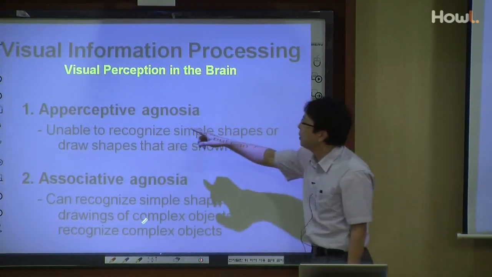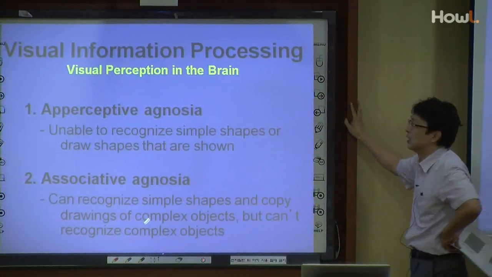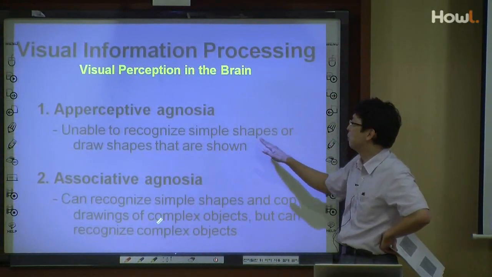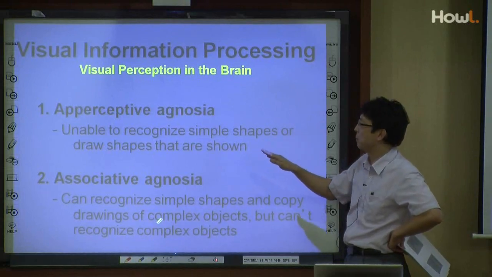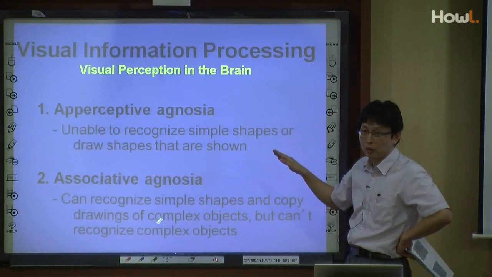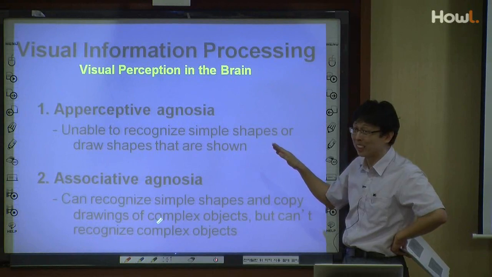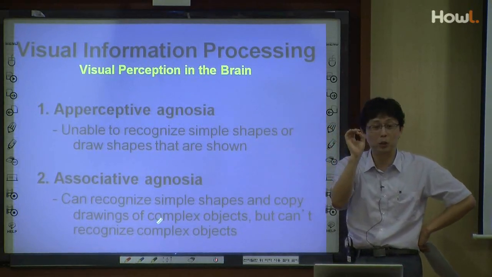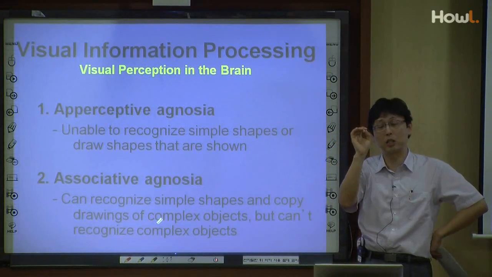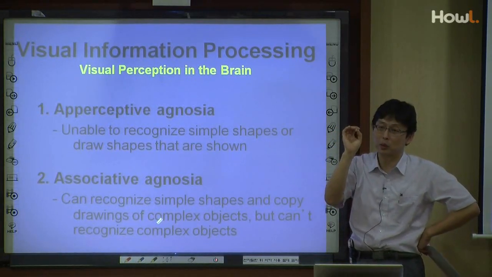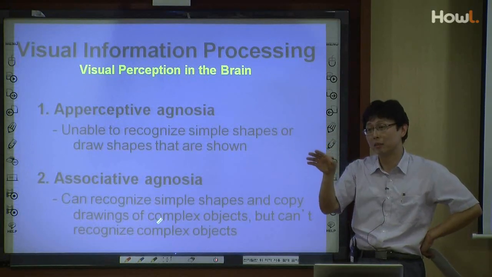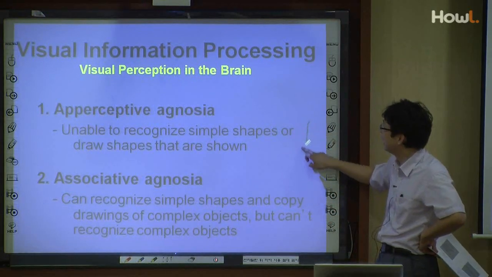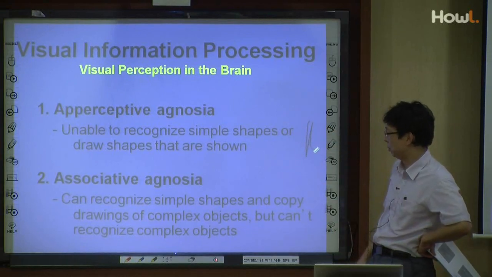Apperceptive agnosia means they cannot recognize simple shapes or draw shapes that are shown. They don't know what they are seeing. When you show a circle to this patient, they can see it, but they don't know exactly how to recognize it. That is a very early process problem.